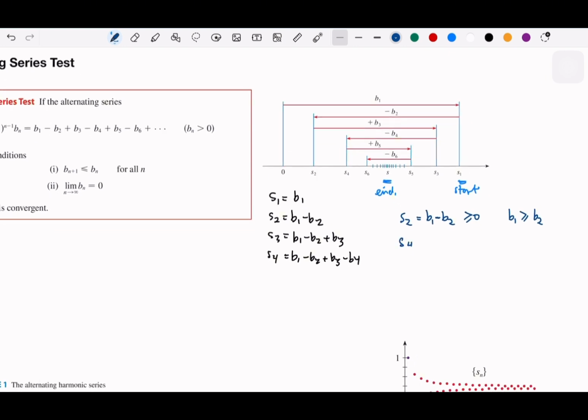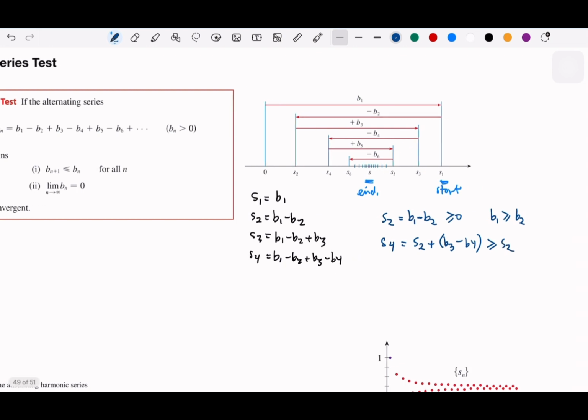Then if we take S4, we can write it as S2 plus b3 minus b4. This is going to be greater than S2, because b3 is greater than b4. So it is still positive, and larger than S2.